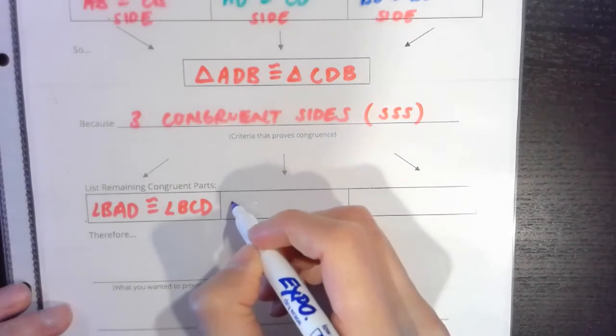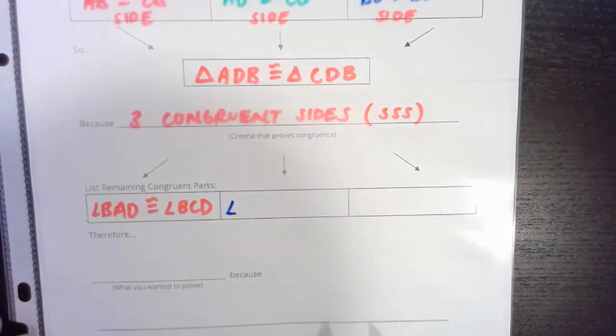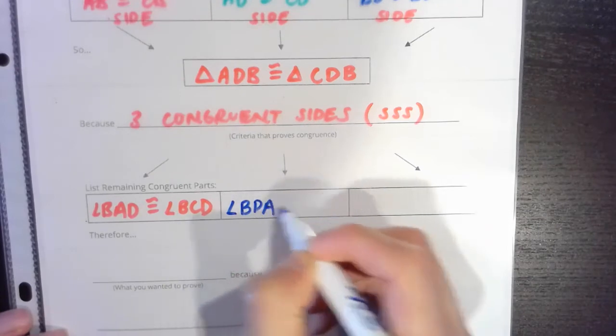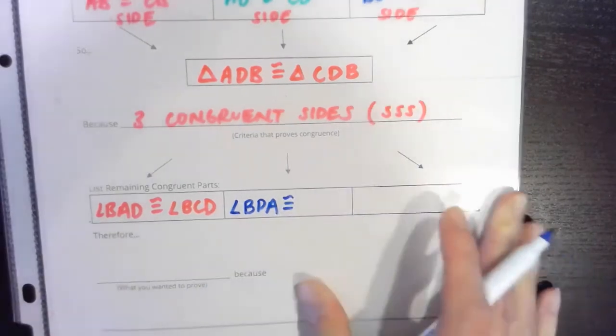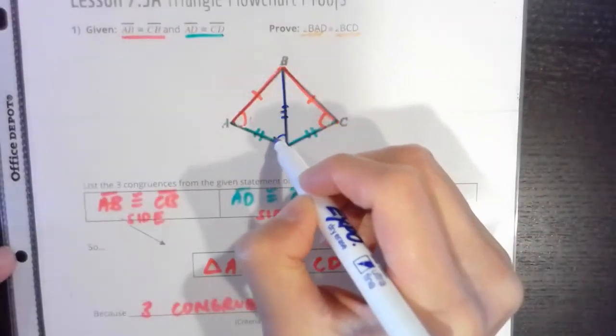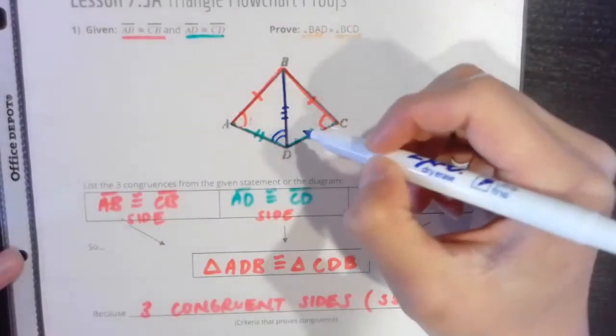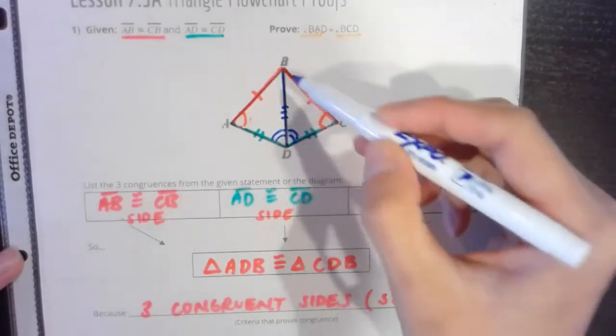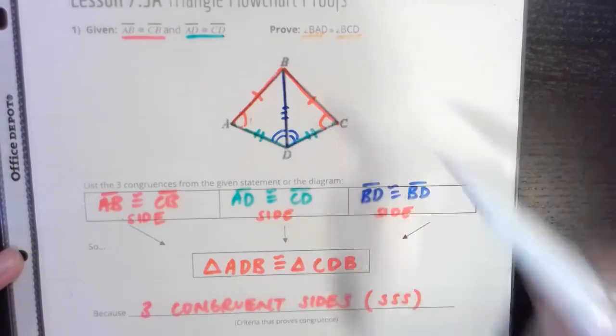I also know that angle BDA, that's this angle here, is going to be congruent to this angle here. So that's BDC.